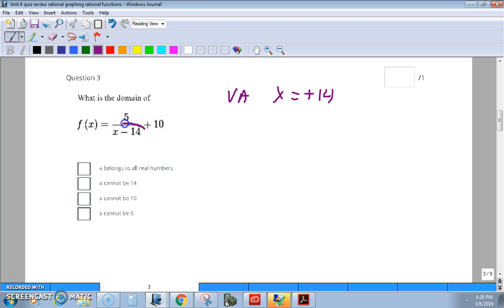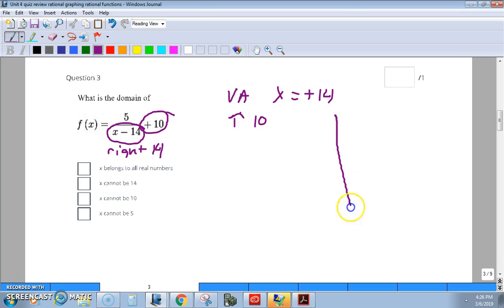So we have shifted this function to the right 14. That's what that means, right? And we have shifted it up 10, right? And it's gone up 10. And so that means the horizontal asymptote is going to be 10.